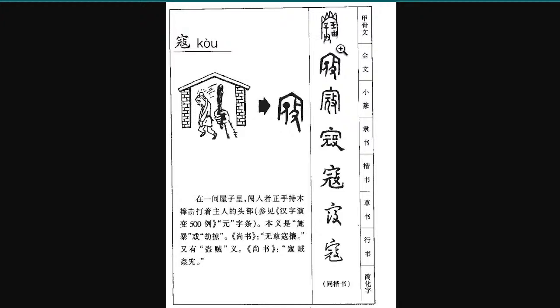And then here is the Wang and the You. This one also, you see a hand holding a tool, some kind of weapon, and here is a person in the house. You see that? So basically that means 寇 is invader, bandit, enemy. All right, 寇.